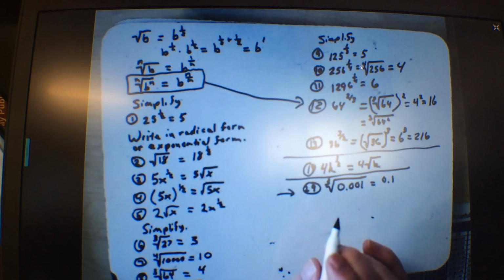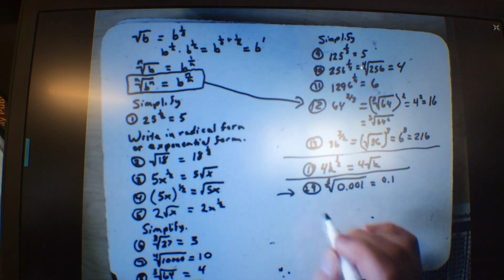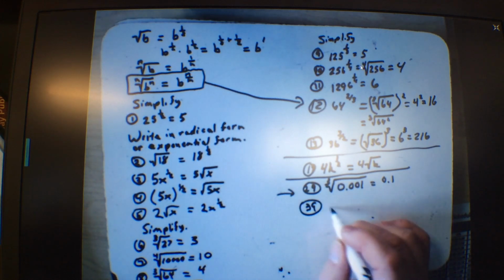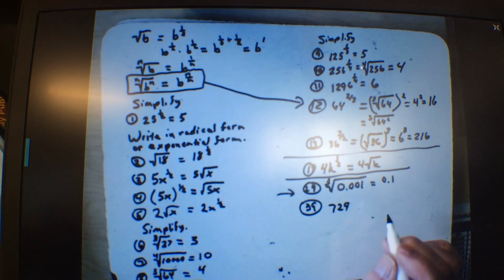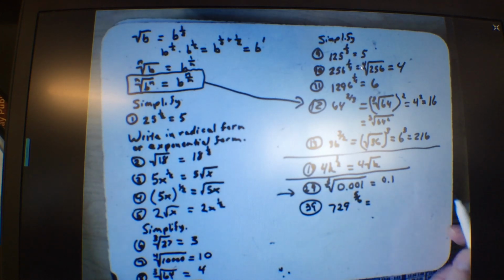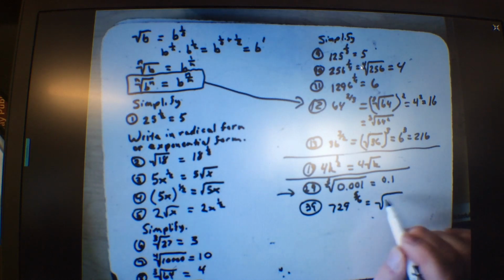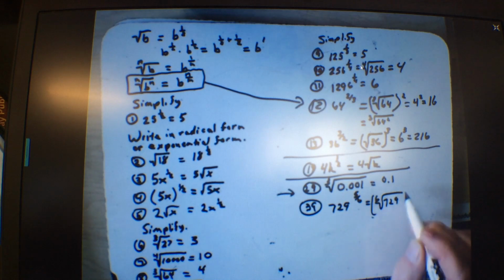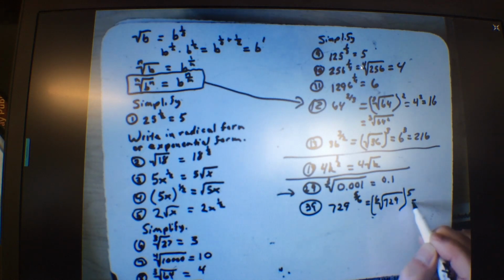Okay, let's take a look at 39. It still says simplify. You got 729 to the 5/6 power, correct? If Braxton was to write this in radical form, it would be the 6th root of 729 to the 5th power, right? What do you think times itself 6 times is 729?